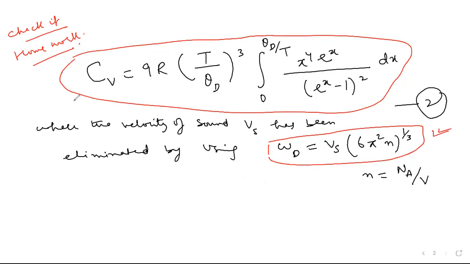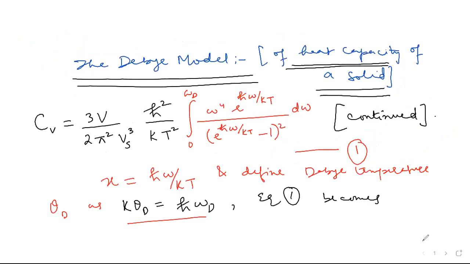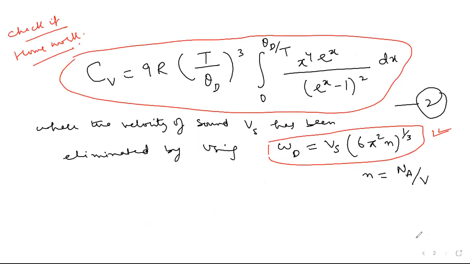So let us move now to equation 2. This equation 2 is now the specific heat in the Debye model. This is same as equation 1, but we have made it simpler.